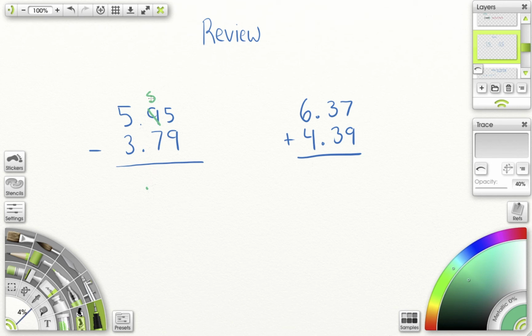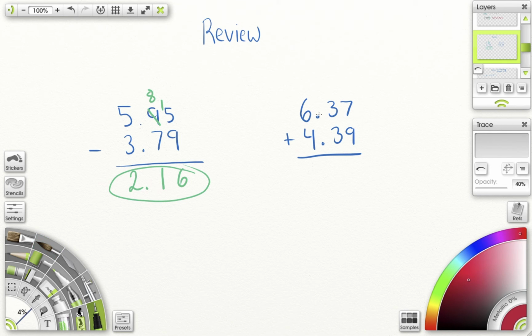This gives me 8, this gives me 15. 15 minus 9 is 6. 8 minus 7 is 1. And then I have 5 minus 3, which is 2. Things that are to the right of the decimal stay to the right. Things that are to the left stay to the left. So there we are. We have $2.16.